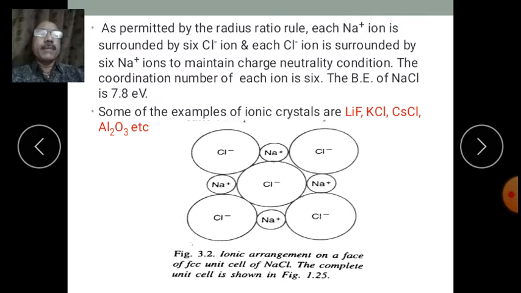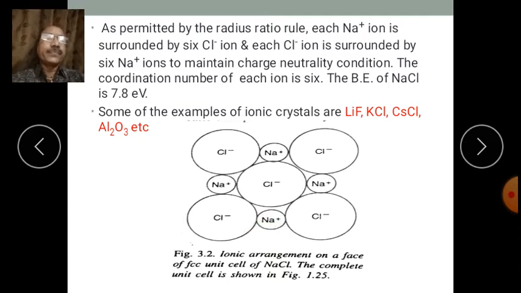Some of the examples of ionic crystals are lithium fluoride, potassium chloride, cesium chloride, Al2O3 and so on. So this gives the plan view of the NaCl structure. Each chlorine is surrounded by 6 sodium ions, 1, 2, 3, 4, and on the upper side 5, and from the lower side it is 6.